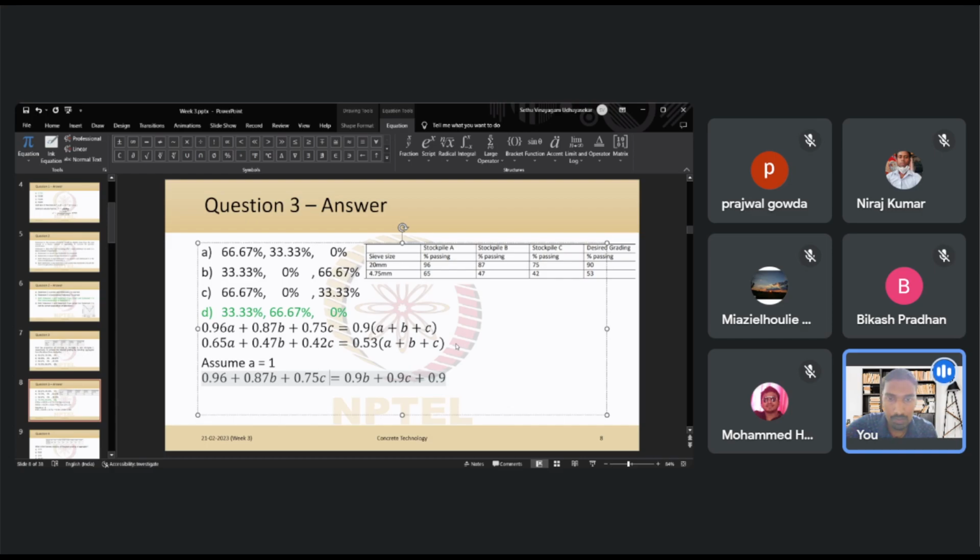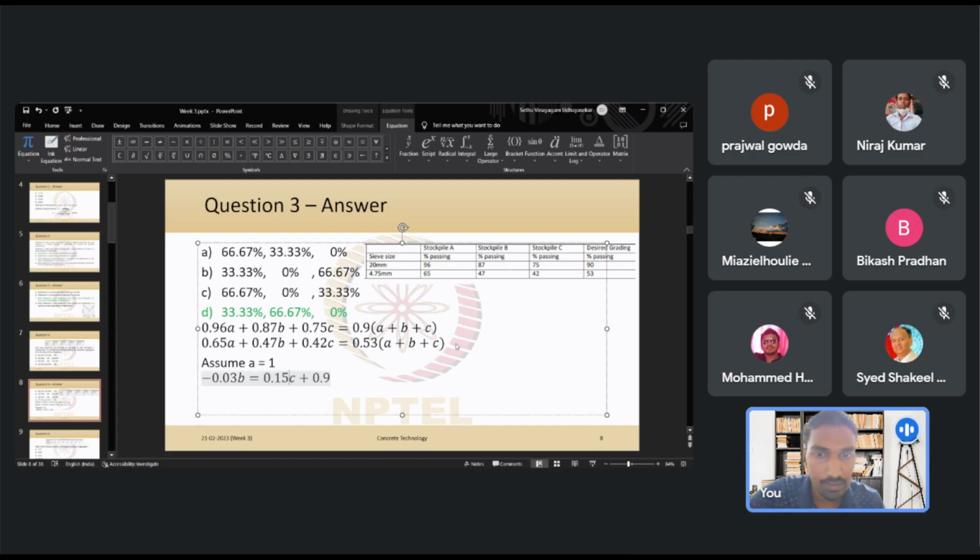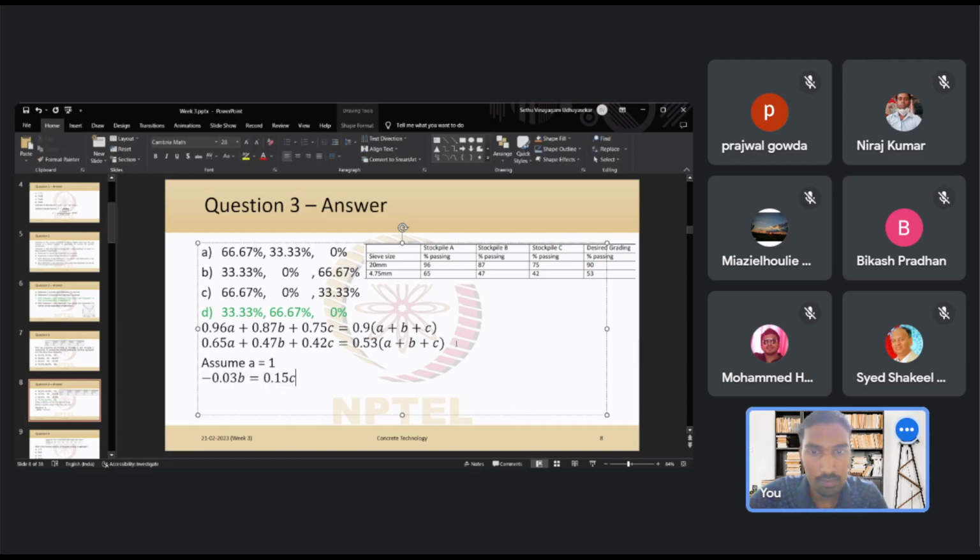So if we simplify this, we can write it as, bring B to one side, minus 0.03B equal to 0.15C minus 0.06. Okay, so what I have done is substituted the value of A equal to 1 in the first equation, and then simplified it. So equation 1 here will simplify to this.